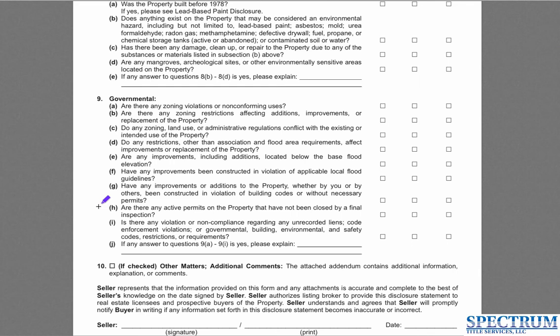This is something that's come across my desk quite a few times, where a buyer subsequently, after closing, learns that the kitchen was done, all the electrical was changed and replaced, and it wasn't done to code.